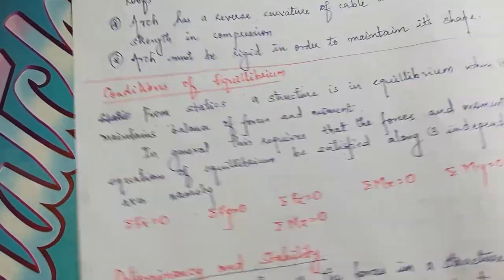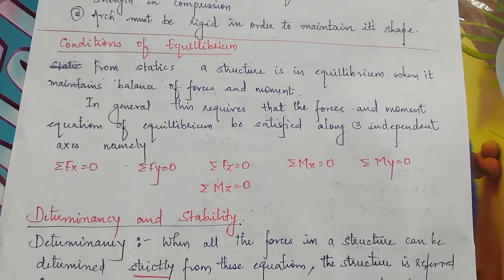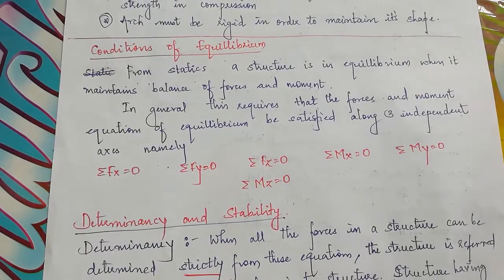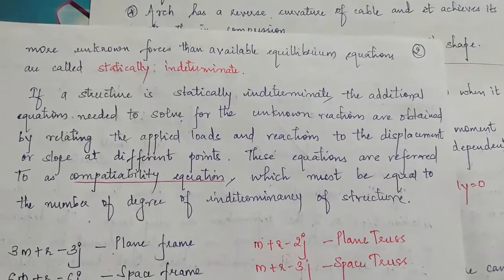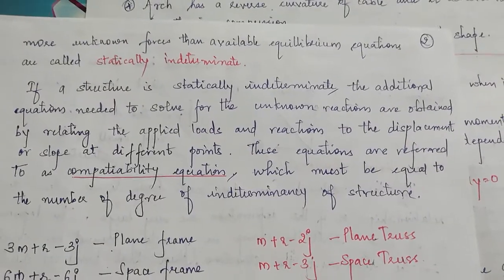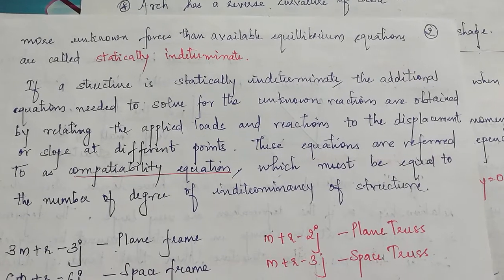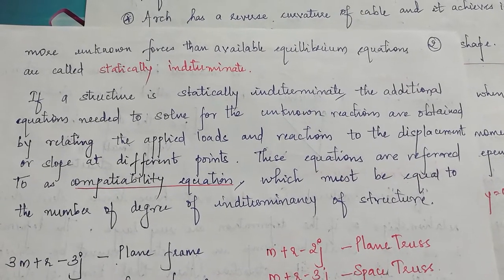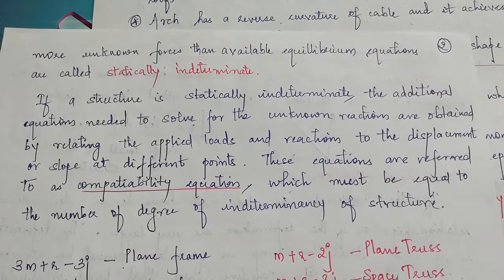Next, we are having what is called stability. The unknown forces more than the available equilibrium conditions are called statically indeterminate.